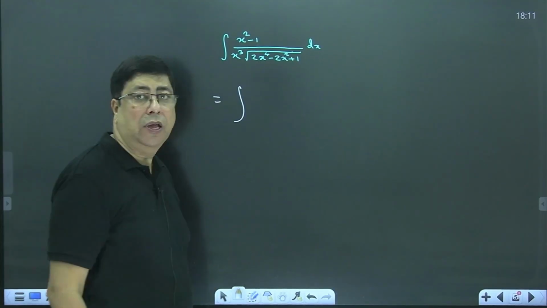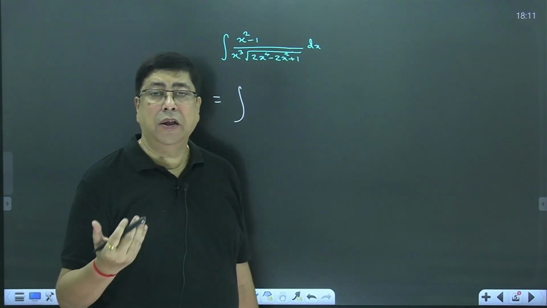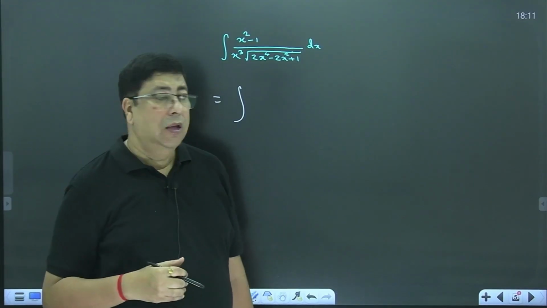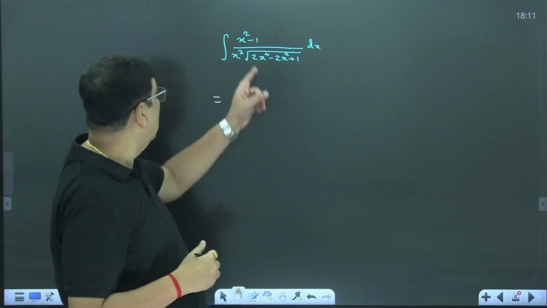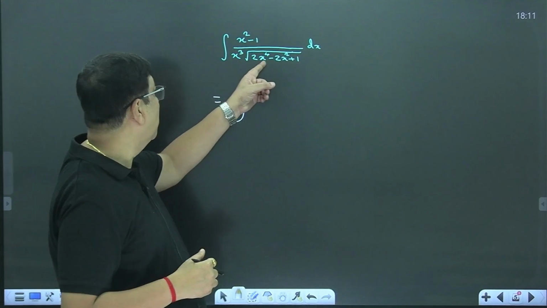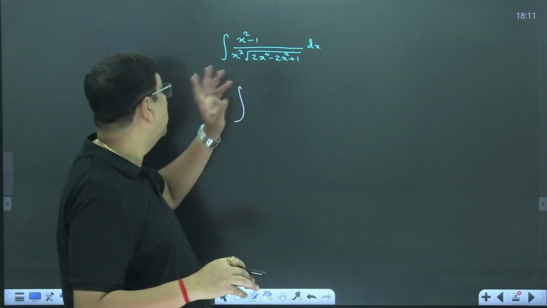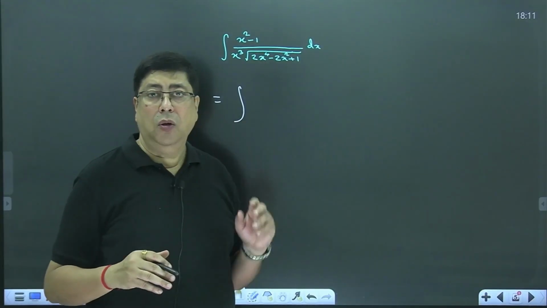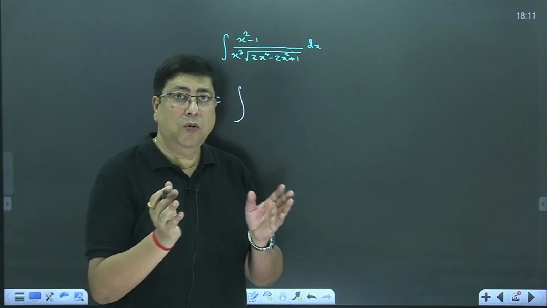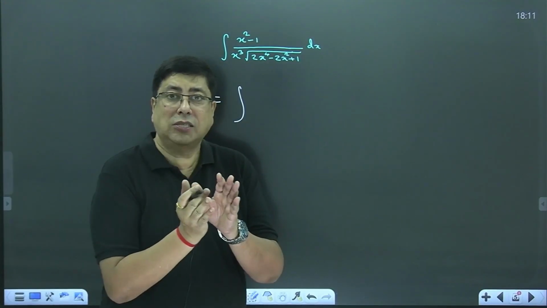In this case also, in the numerator and denominator, the degree difference is too much. The numerator's degree is 2, the denominator's is x to the power 4 under the root, meaning 2. So x to the power 5 is coming in the denominator. So let's try once taking the highest power out of the root.